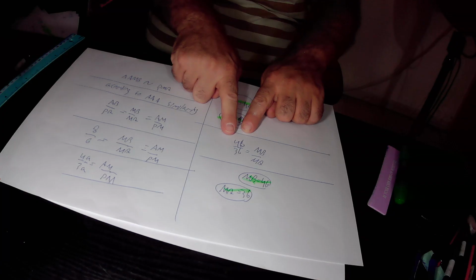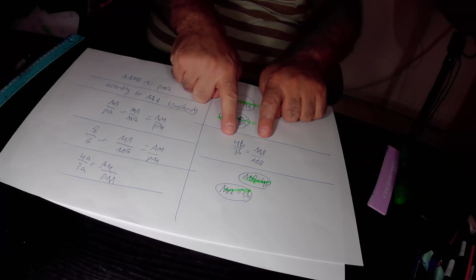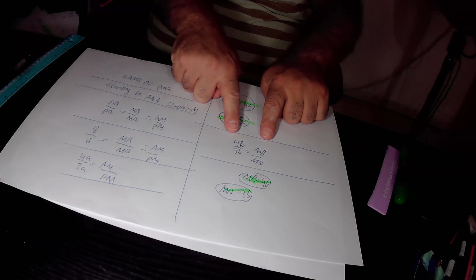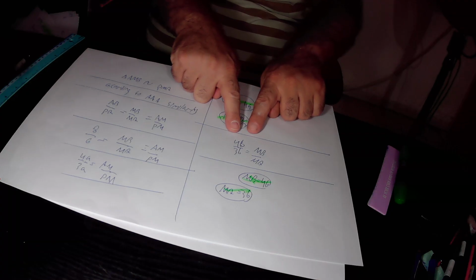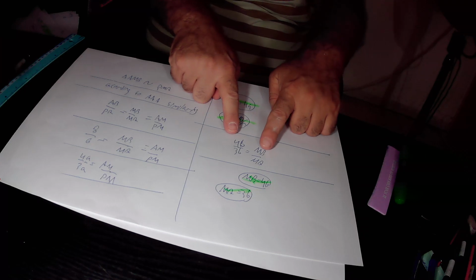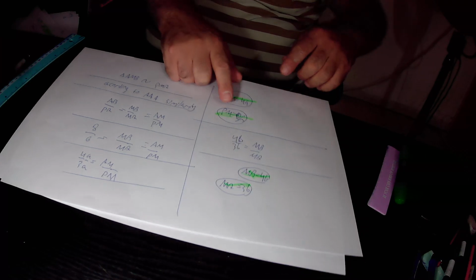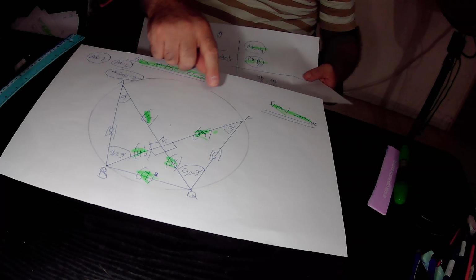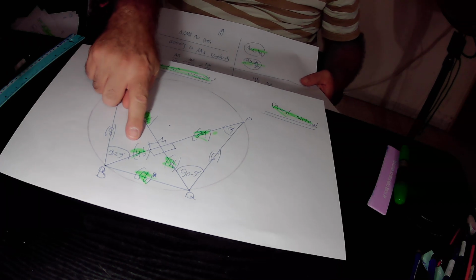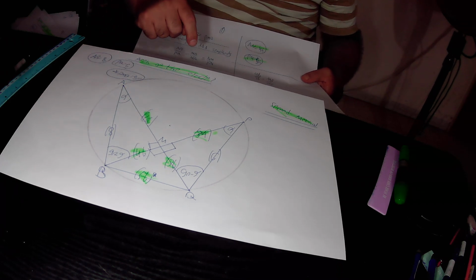B over B is 1, so it doesn't change the value of the expression. So the numerator of this side of the equation must be equal to the numerator of this side. So MB must be equal to 4B, and QM must be equal to 3B.